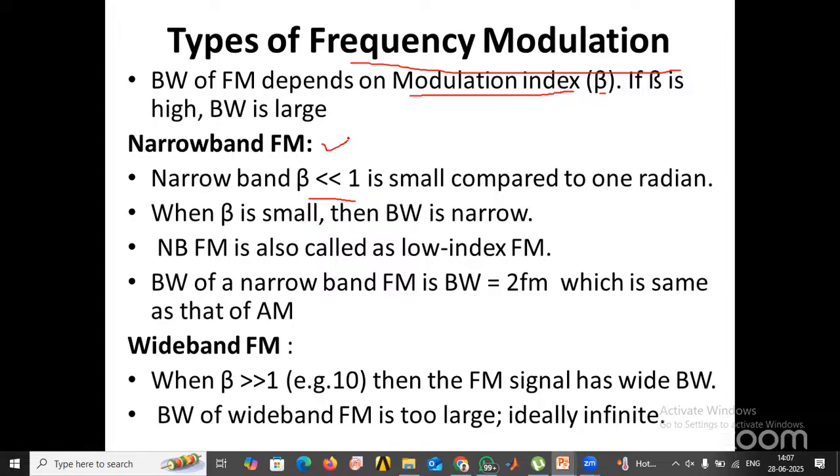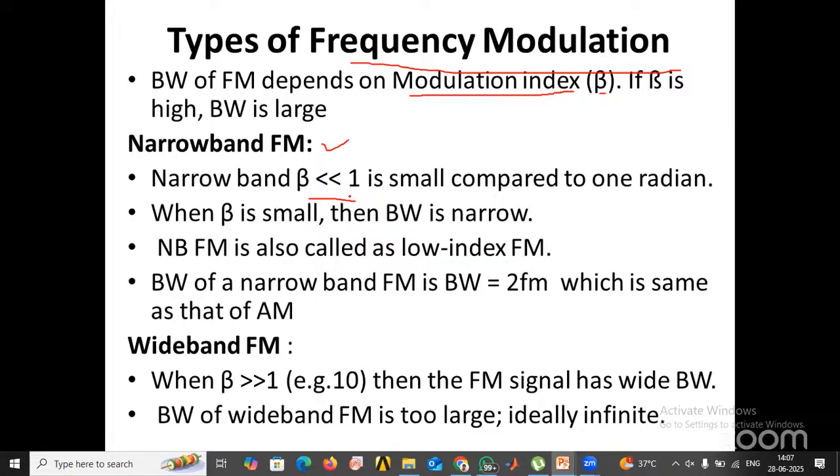That is, the actual deviation is very much less than the maximum allowable deviation, so in that case beta will be very low. For any ratio, if the numerator is far less than the denominator, then it is less than 1. So the actual deviation is very small when compared to the maximum allowable deviation.